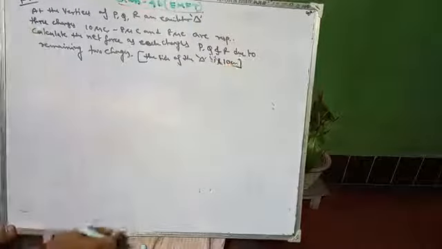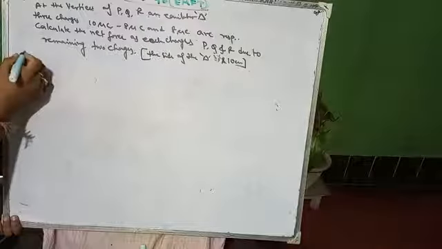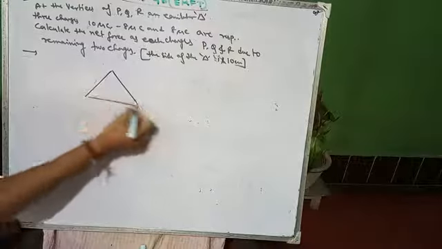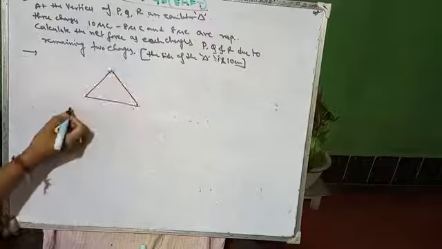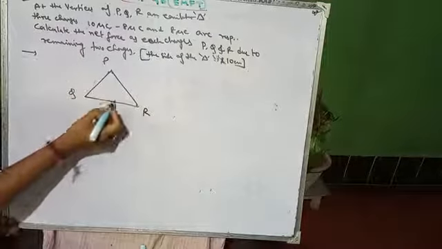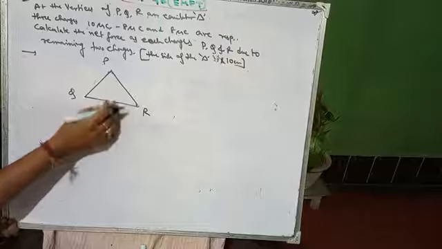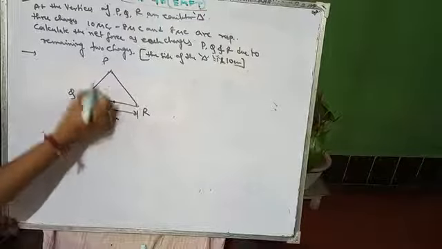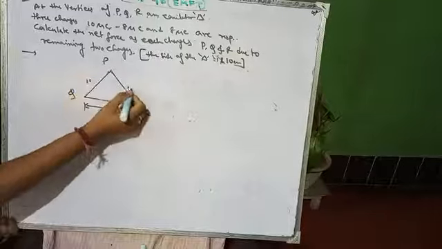Okay, so you have to find the net force. So let us consider equilateral triangle PQR, P, Q and R. This length is 10 centimeter, this length also 10, this length also 10.